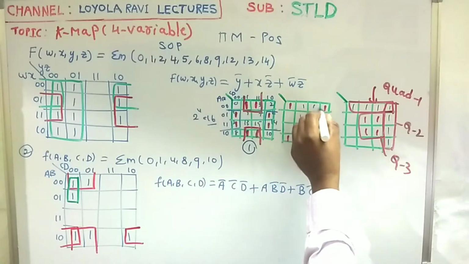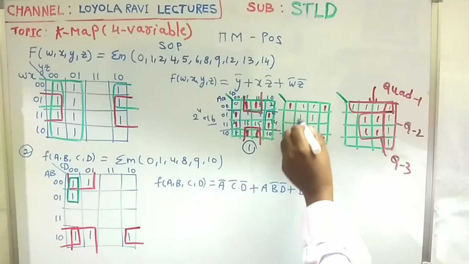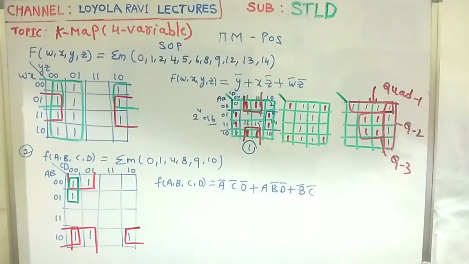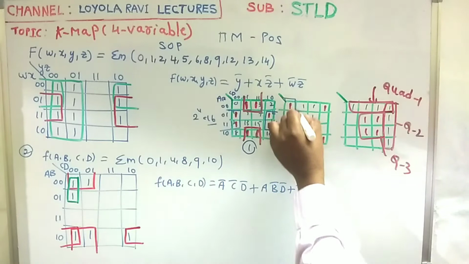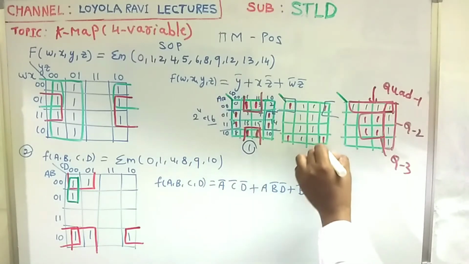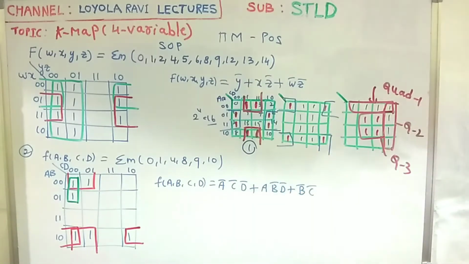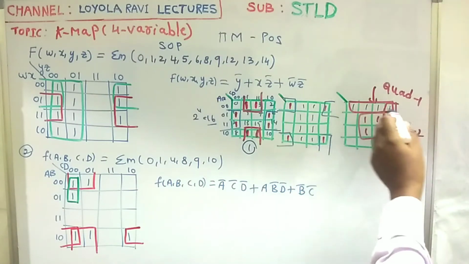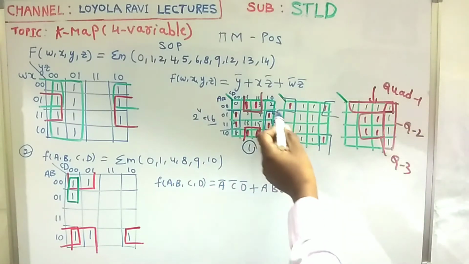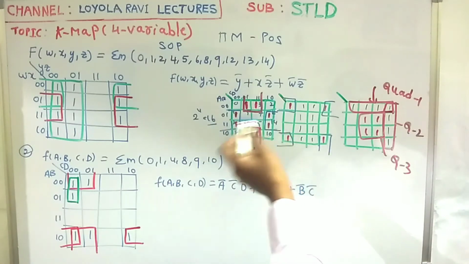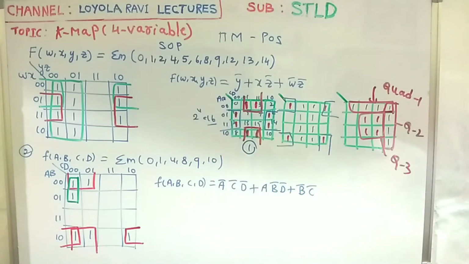If you fold this pair and this pair, these will form 4 adjacent ones, nothing but one quad. So that's why these 4 corners are also taken as one quad. 4 corner ones, 4 adjacent ones, or 2 opposite pairs act as a quad.